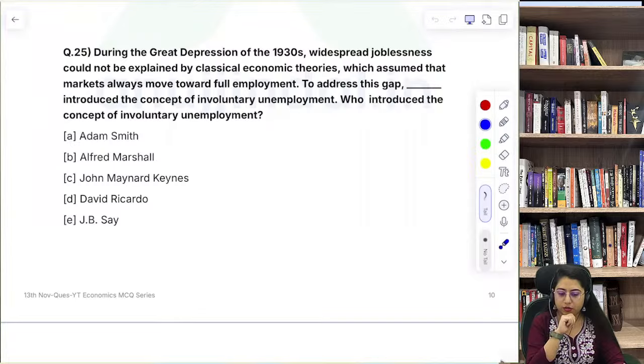Not very correct. What you are saying is not really very correct. It's an involuntary unemployment, not voluntary unemployment.